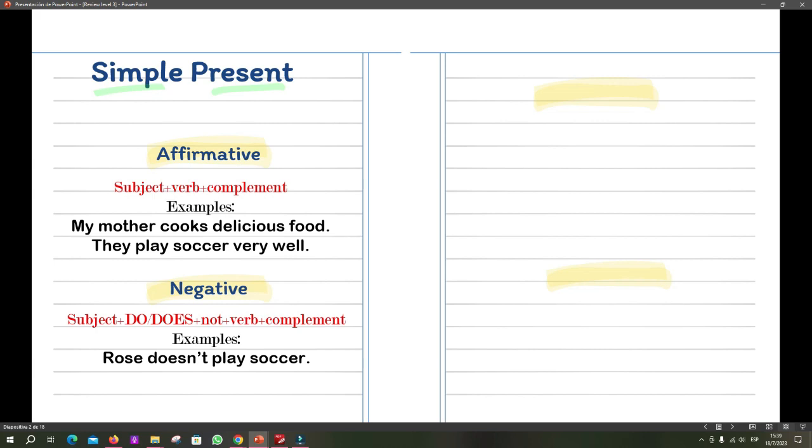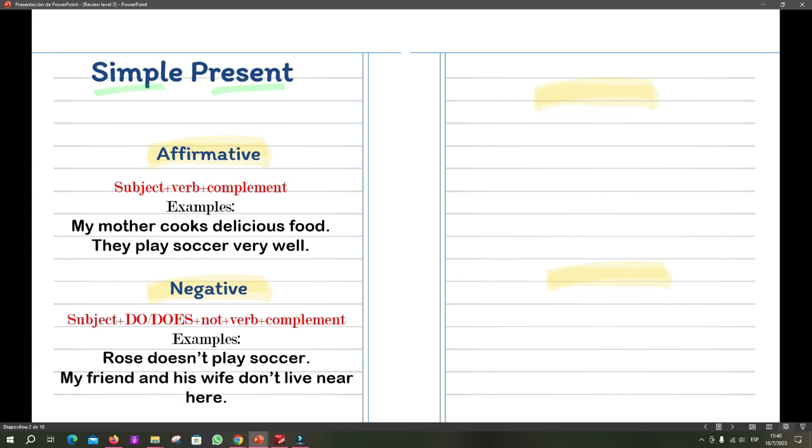What happened here? You have Rose. If you want to substitute that, right, you can add she, right? That is third person. That's why you're going to use doesn't or does not. That is almost the same. And remember, you don't need to add s, because you're using the auxiliary does here, right?